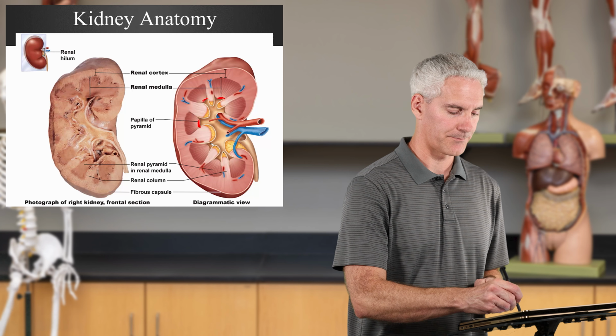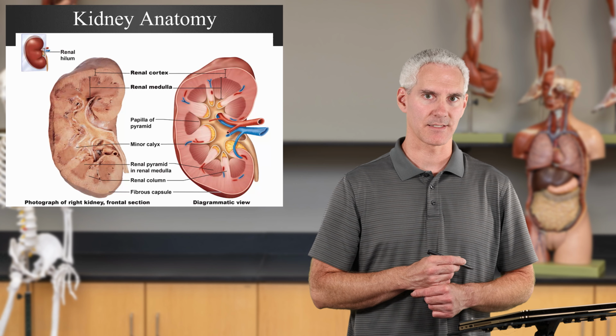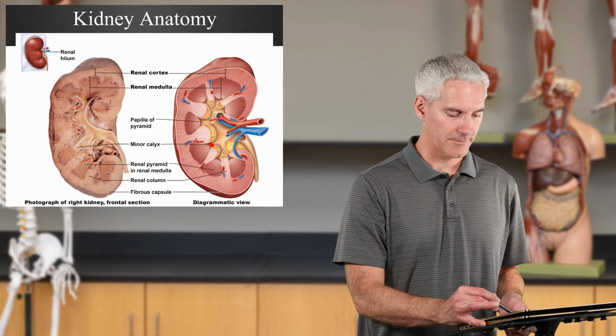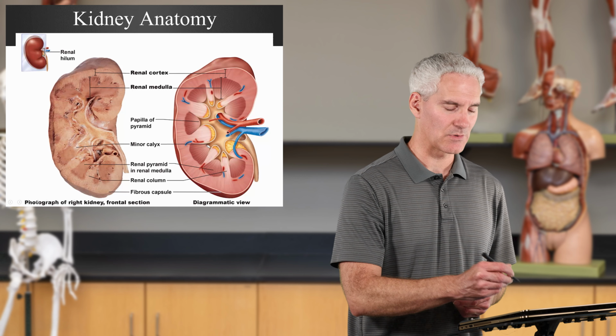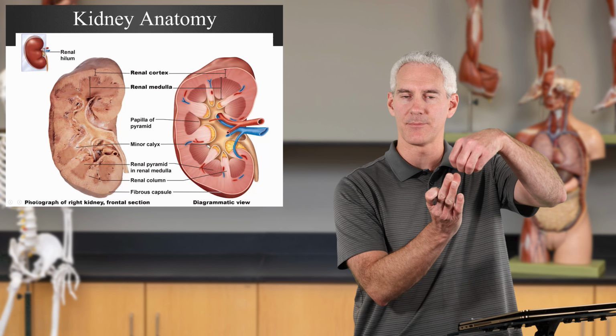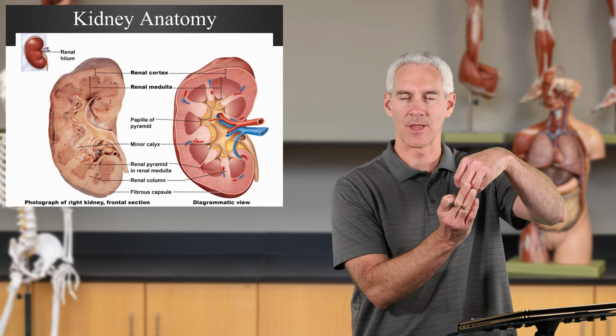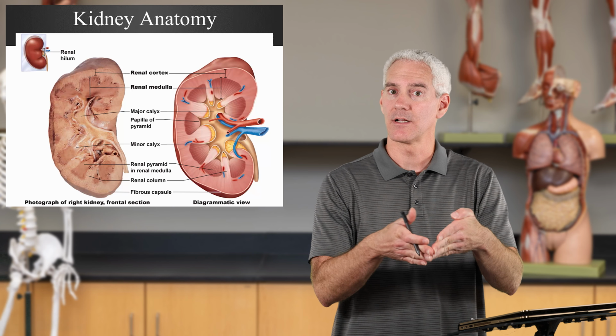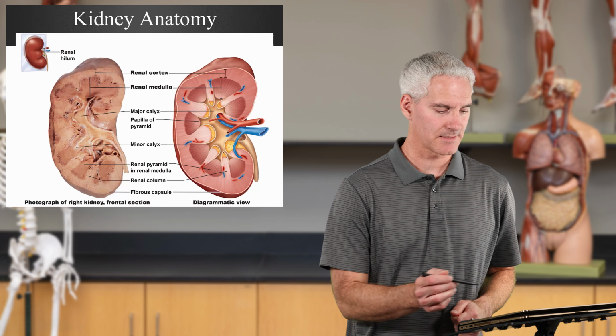Now, this renal papilla is going to lead into a minor calyx. So each one of these individual tubes here is a minor calyx. Now, all of those minor calyces are those individual pieces that have the pyramid coming into them. So you have the papilla into the minor calyx. Each minor calyx fuses together to make a major calyx.